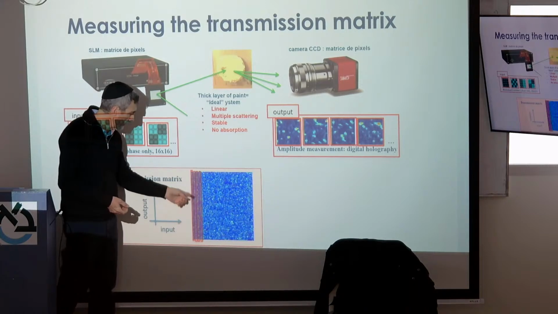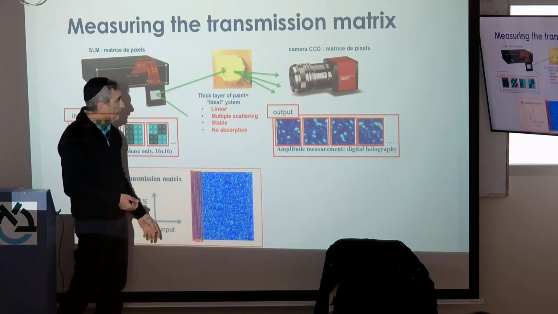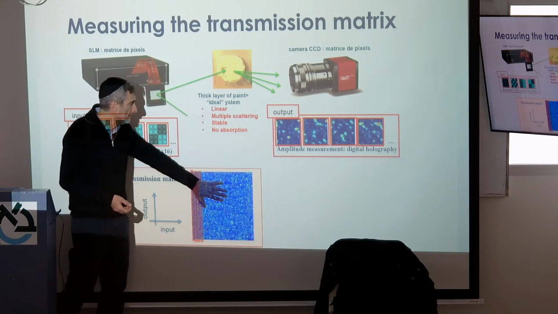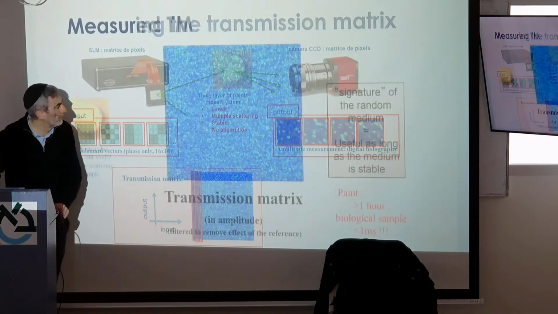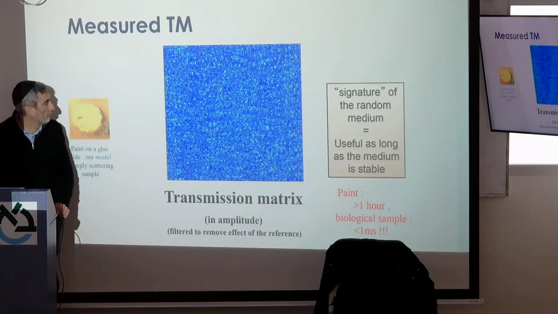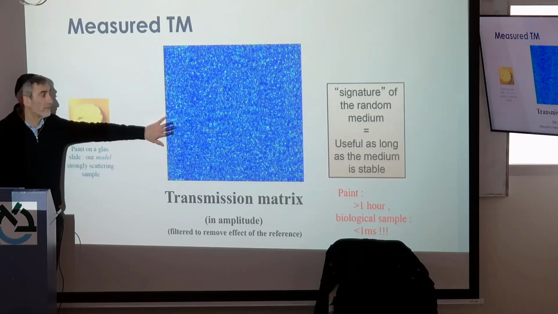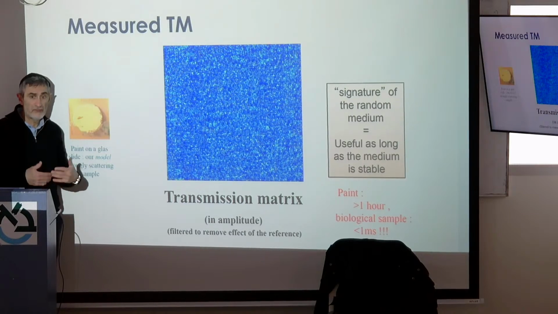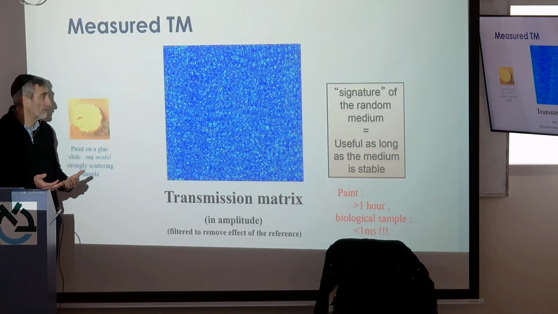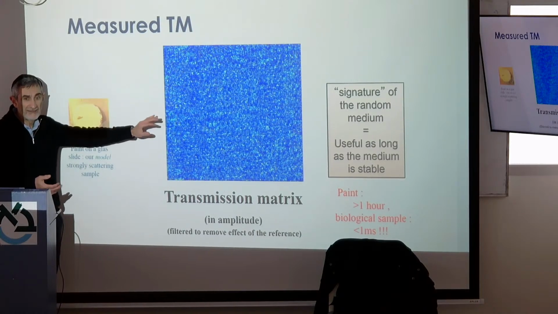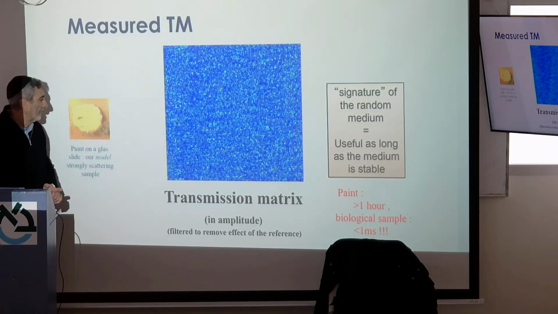So you scan here, line by line, and you obtain this typical matrix here. Okay, so this transmission matrix is a fingerprint of your medium. All the information of your complex scattering medium is there. That's the magic of this matrix.